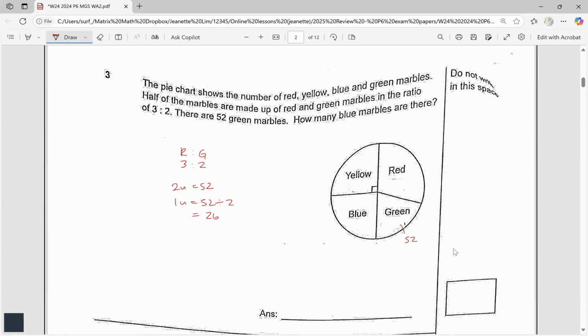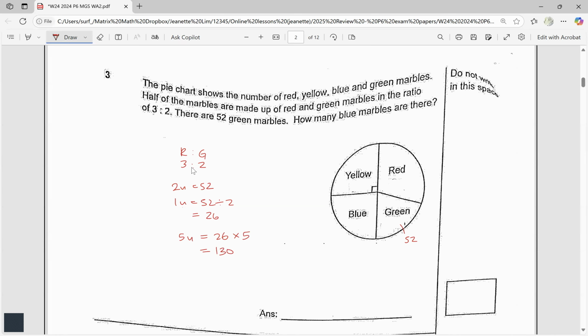So 1 unit is 52 divided by 2, 26. We know that red and green is actually half. The question said that half of them are red and green. So if I want to find half of it, I'll be finding 5 units. The total of red and green will be 5 units, which is 130. Because on the other side, you have the other half.